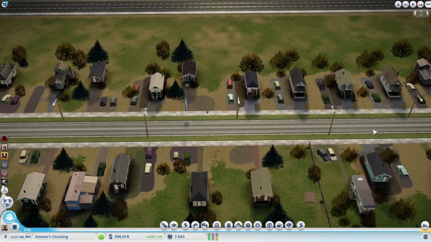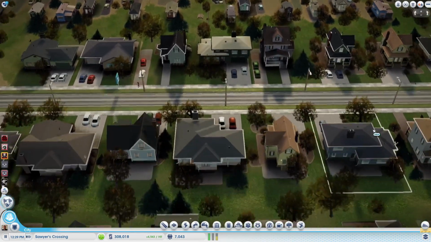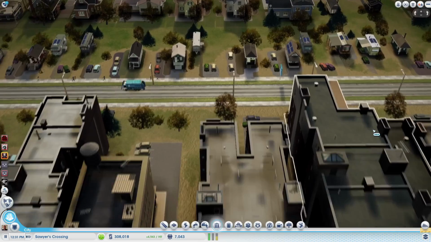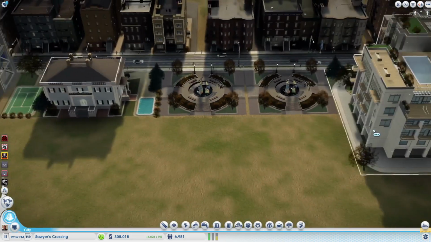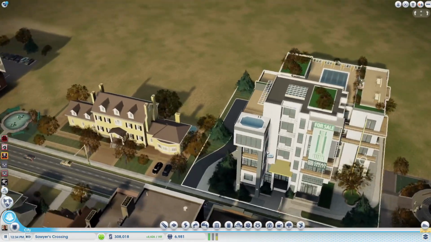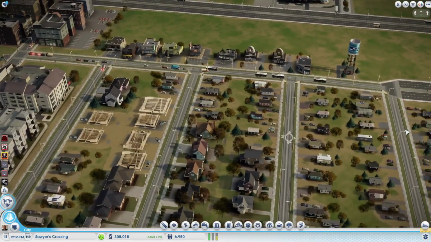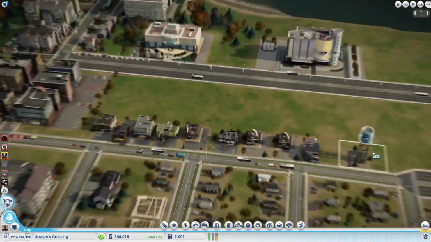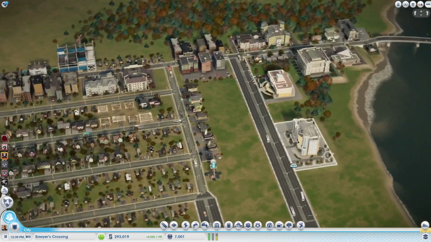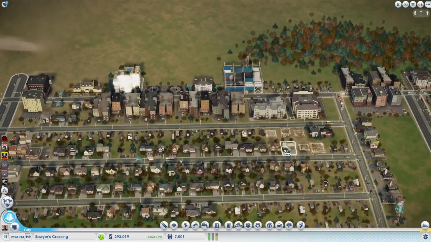So low land value homes, medium land value, and then we work our way towards high land value. Same concept can be applied to commercial, and the same concept can be applied as you work your way up in the density of the roads.